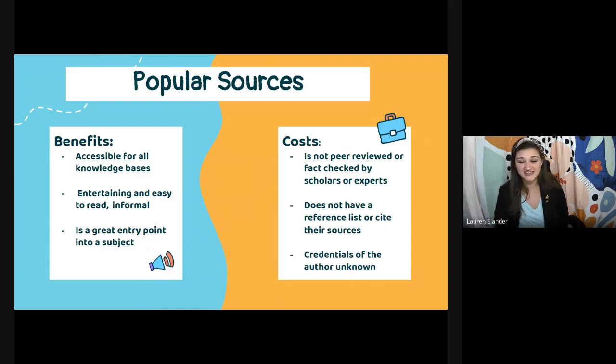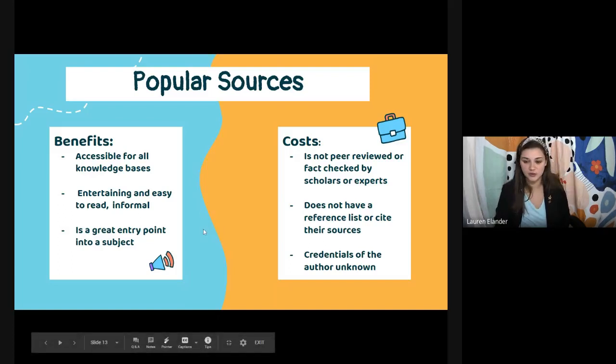And also, because it's a popular source, we don't always know the credentials of the author. In academic work, we have their university they're tied to as a professor, and it shows their scholarly work. But on an everyday popular source, we don't even know the author's background usually. And even if we do know their background, it usually isn't connected to the work itself.